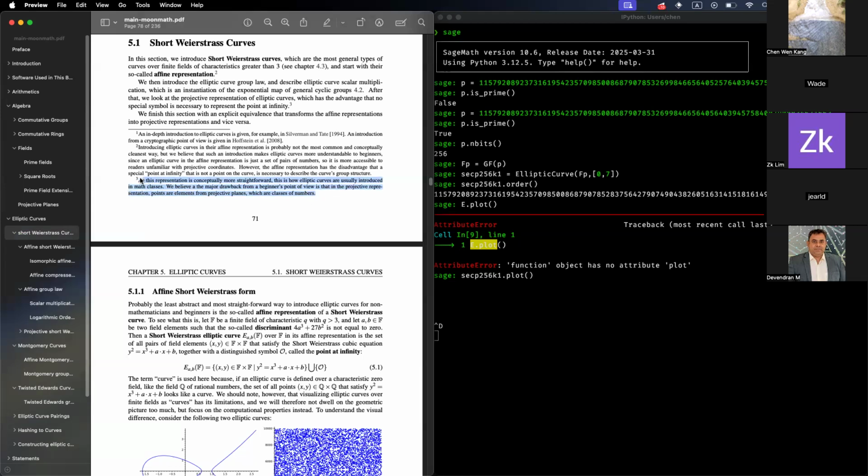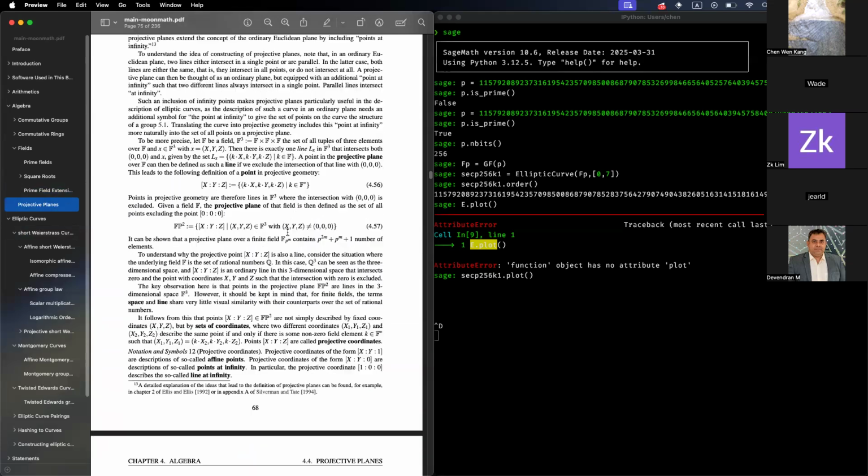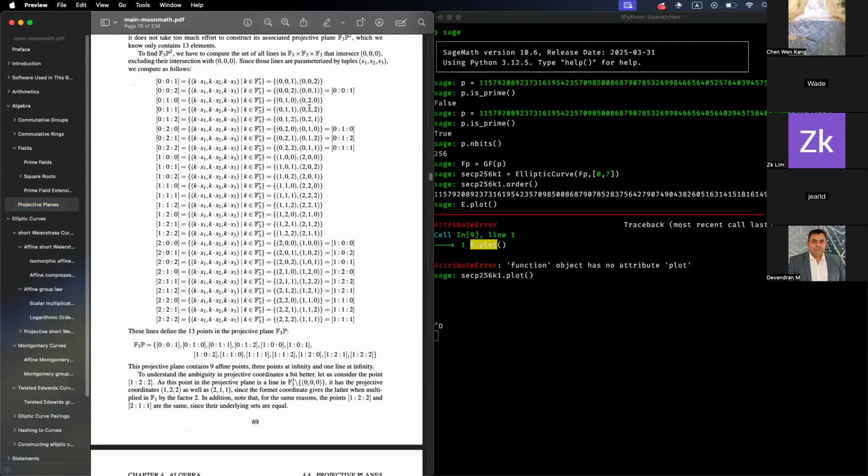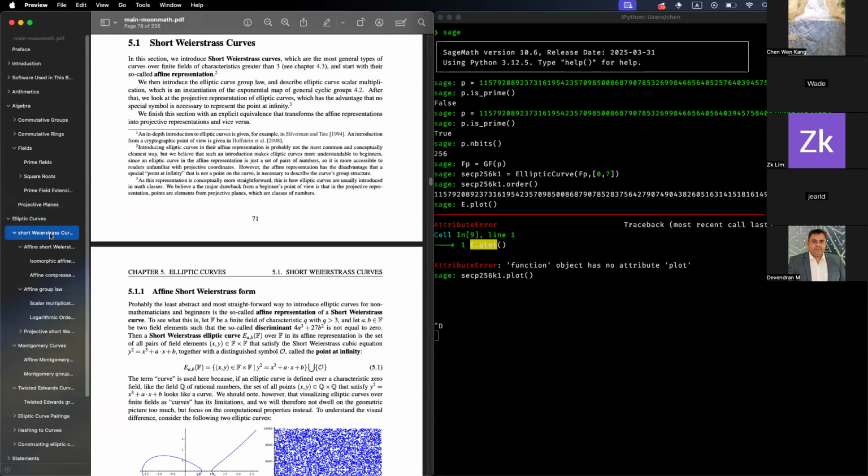Okay, it actually gave me a pretty nice explanation here. I think the other representation is called the projective representation, which is essentially this. They represent it in this form with the point at infinity as well. I might be wrong, but I believe I have some recollection of it.